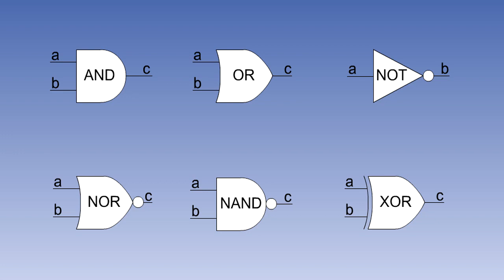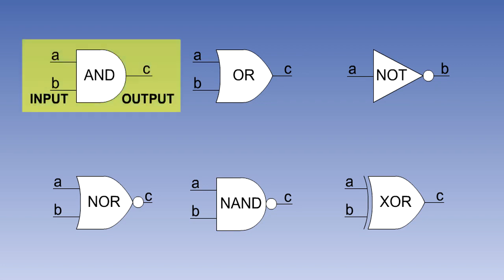The purpose of the symbol is to specify the relationship between the inputs and outputs of the circuit, without the necessity to show the entire electrical workings of it. The inputs are always listed on the left of the symbol and the outputs on the right. We will look at each type of gate, beginning with the AND gate.